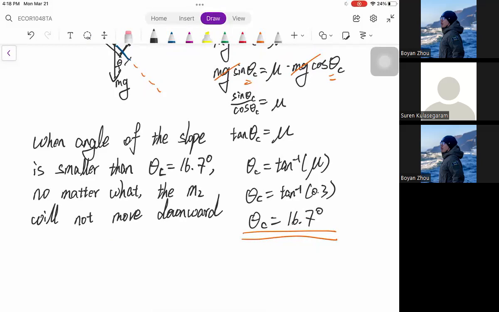So that is the critical angle. For our system, if the angle is less than this number, the block is not going to move down.